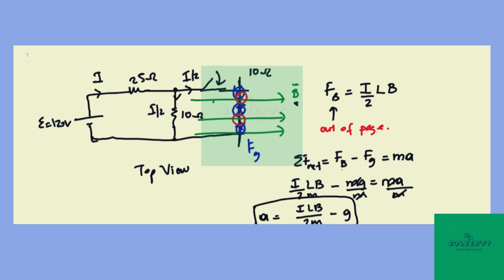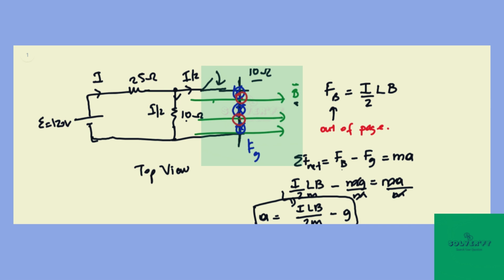Now, what we need to find is the current. We don't know what I is. We're given L and B and m and obviously g, but we need to figure out what I is. In order to figure that out, we need to apply Ohm's law and analyze the circuit. First of all, we have two resistors in parallel, and each resistance is 10 ohms.